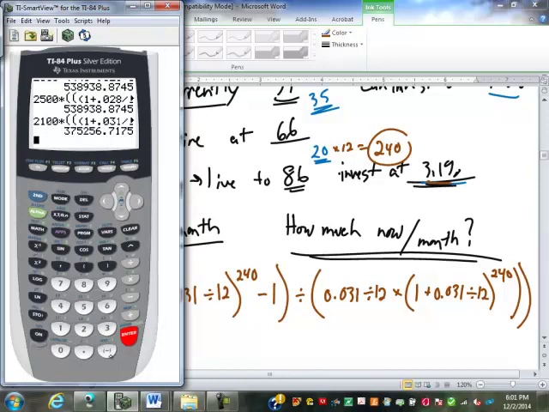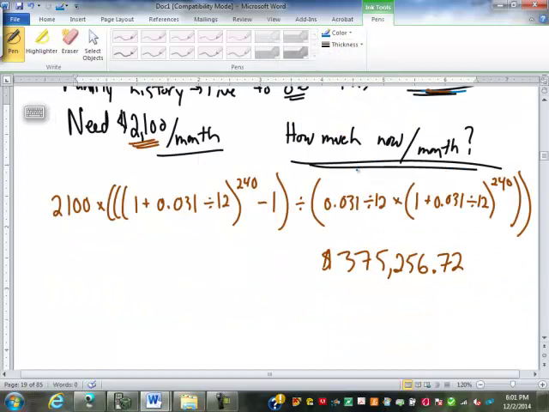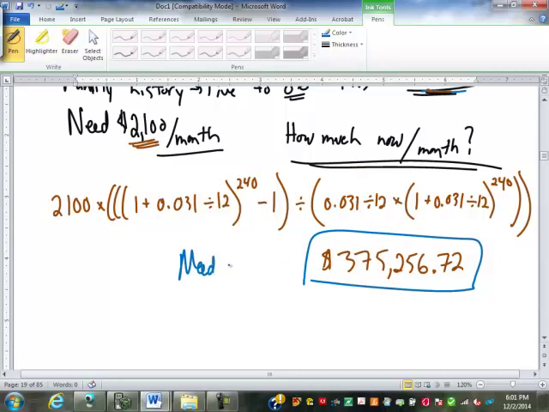Gives us, we're going to need $375,256.72. So that's the lump sum we need at 66 to retire.